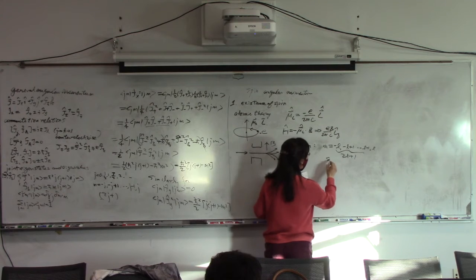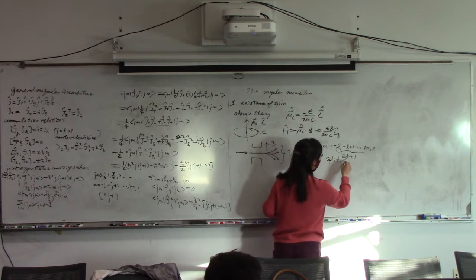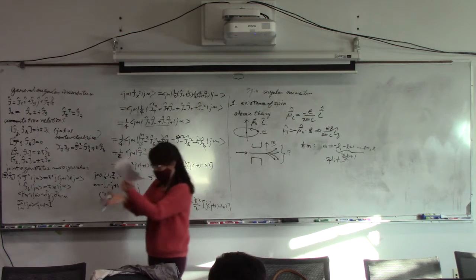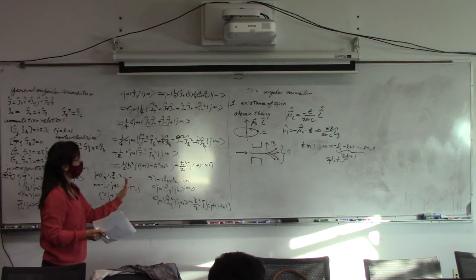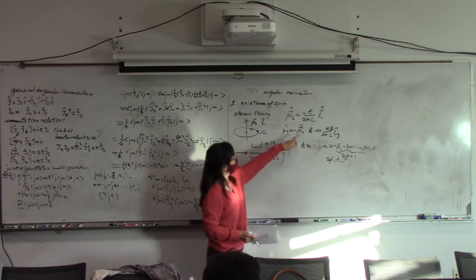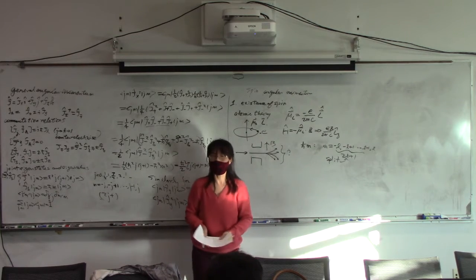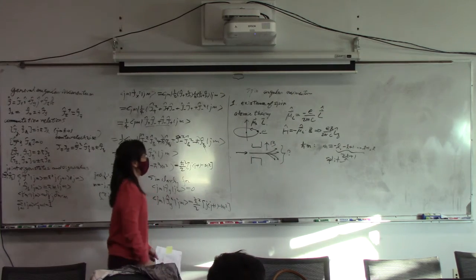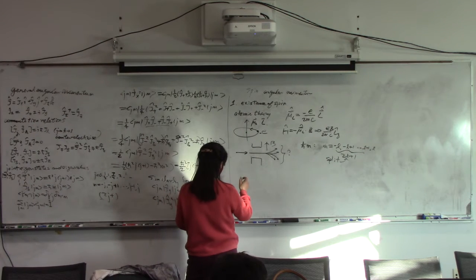So we will have a split into 2L plus 1 components. But it depends on what kind of orbit L is. So you will have to look at this. Now this is in general.